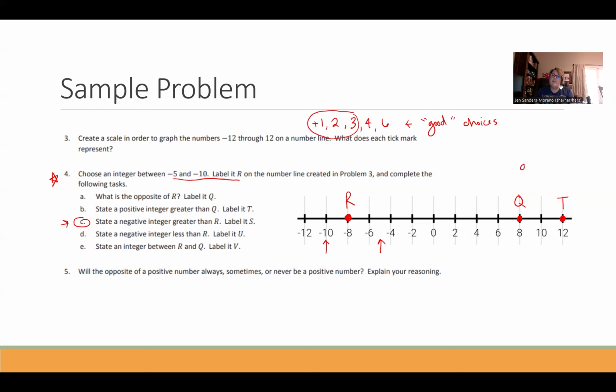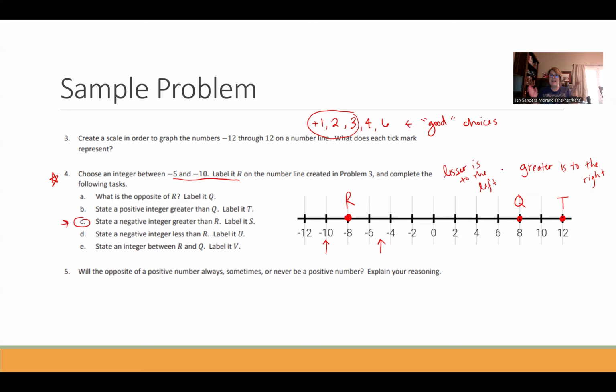So what I would tell students is that on a number line, greater is to the right. Okay. So here for positive integers, right? Greater is to the right and lesser is to the left. So numbers like 2, 4, 6, and 0 are all less. So lesser is to the left.